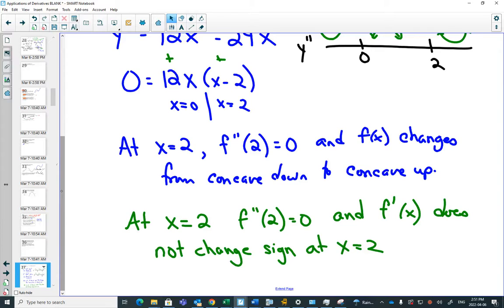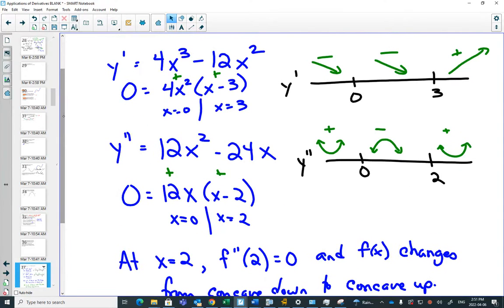I find the green one way less intuitive. Okay? So the fact that at 2 on our first number line, the graph is decreasing and it's continuing to decrease. The only way that that can be an inflection point is that based on the fact that the derivative is 0 and it's not changing, it has to change concavity at that point.